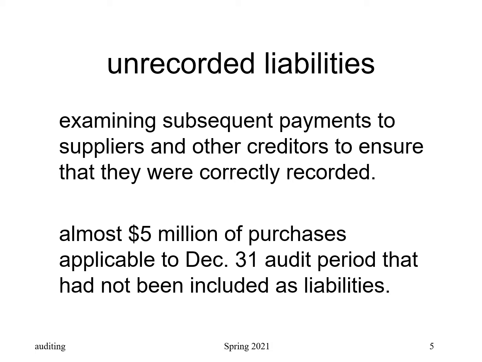So we're going to look real close at the cash disbursements in January, especially early January. In the example in the book, they found $5 million worth of purchases where the payment was made in January, but there was a liability as of December 31st that had not been recorded. Search for unrecorded liabilities.